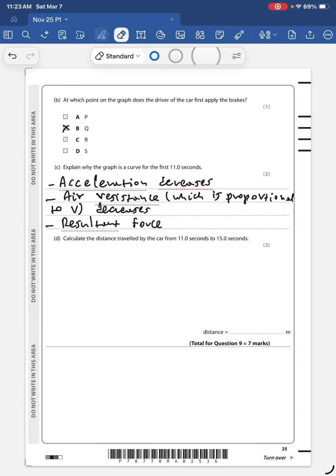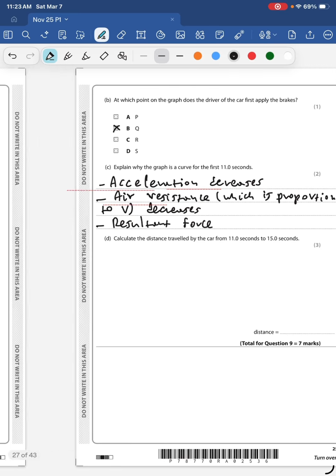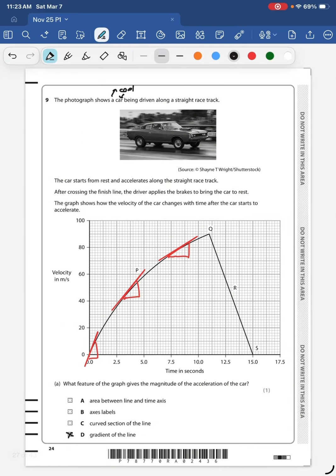Wait, is that true? So the air resistance increases, so the resultant decreases. Yeah.